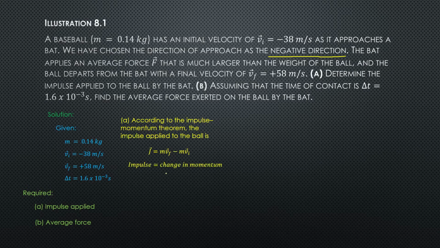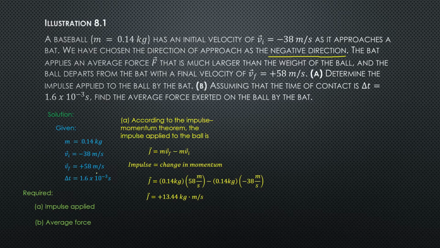Substituting the values into the formula: mass, final, initial. The mass is 0.14 kilograms. Final velocity is positive 58 meters per second. Then the mass of the baseball is 0.14 and initial velocity is negative 38 meters per second. When computing for impulse, you need to indicate the sign of the velocities.